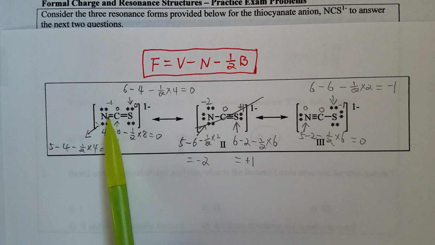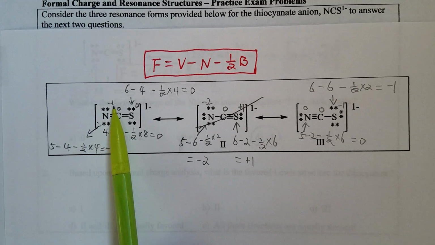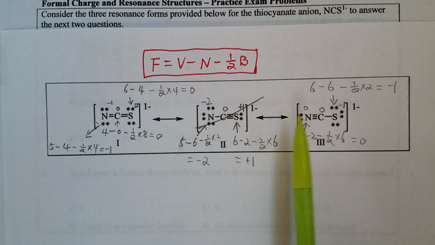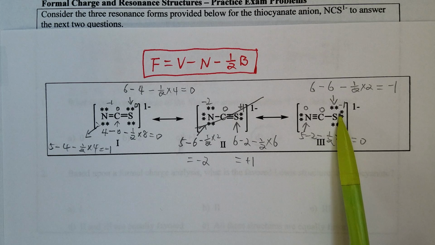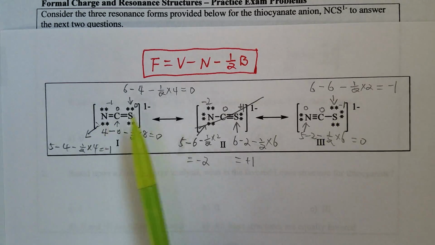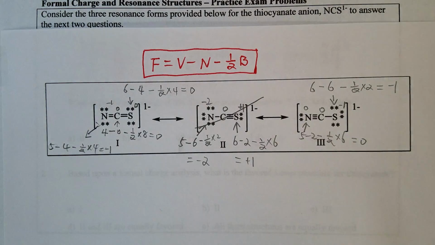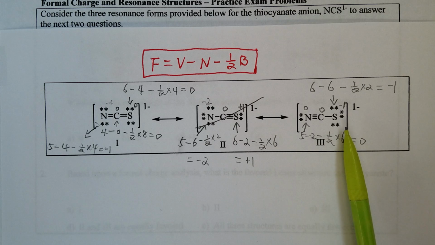So in structure 1, this negative formal charge resides on the nitrogen atom, and in structure 3 it is on the sulfur atom. So the question now is, which one, nitrogen or sulfur, is more electronegative? Then of course we can determine that using electronegativity.